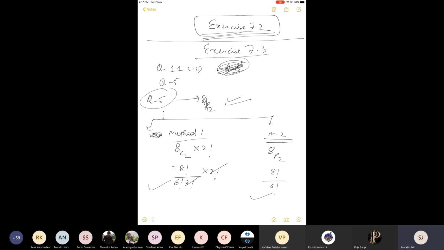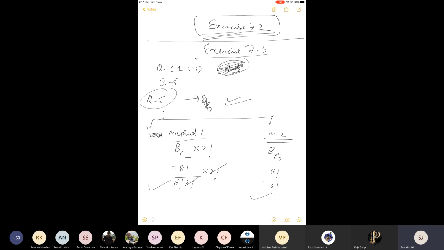If they put a restriction that only a particular person will become the chairman, then you cannot multiply by 2 factorial. In that case, it becomes a case of combination and not permutation. I hope you have understood. All right, so this is your question number 5.